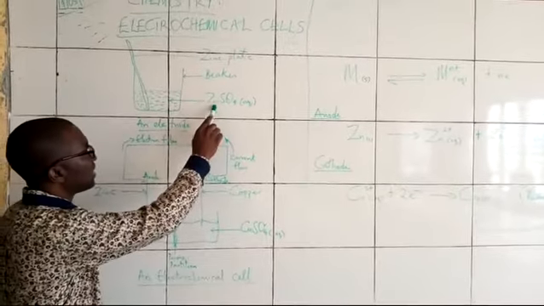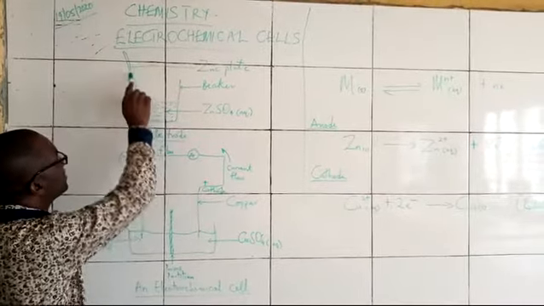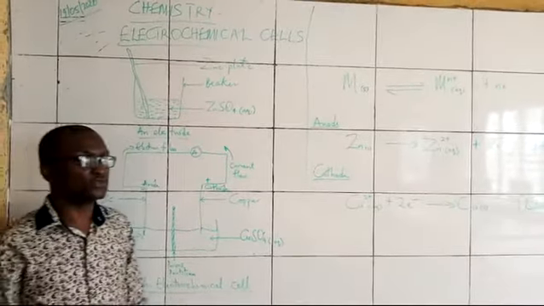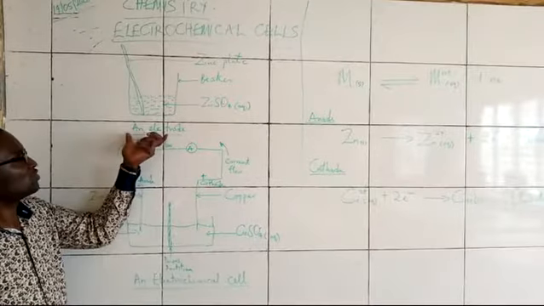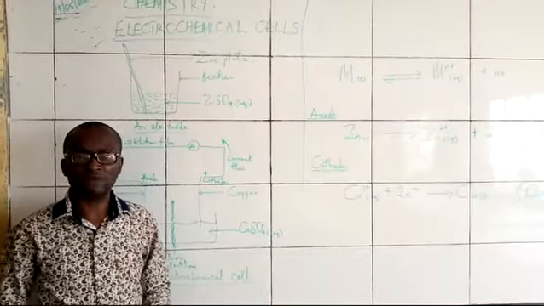And this is our electrolyte. This is the container, the beaker, and this is the electrode. So an electrode of zinc constitutes a half cell.